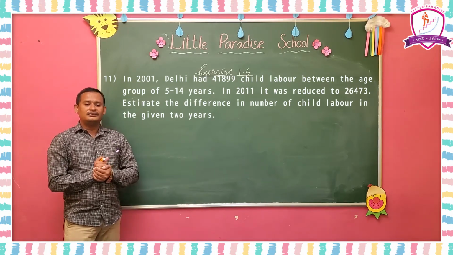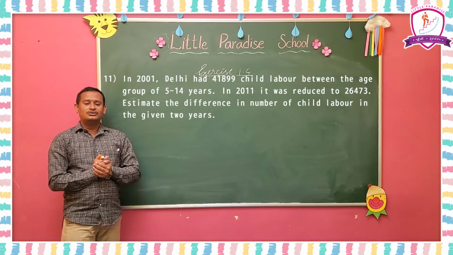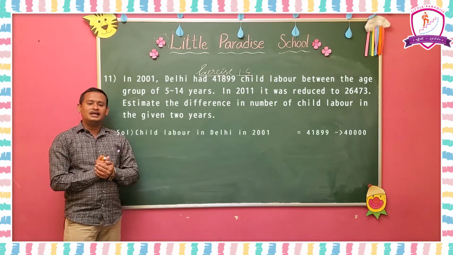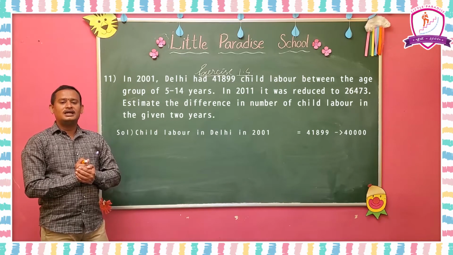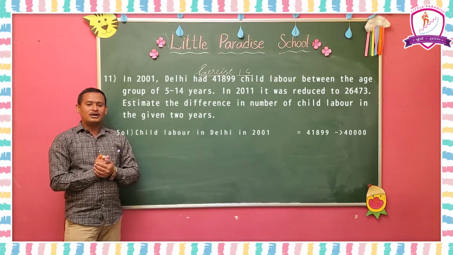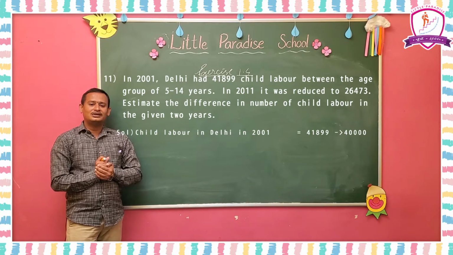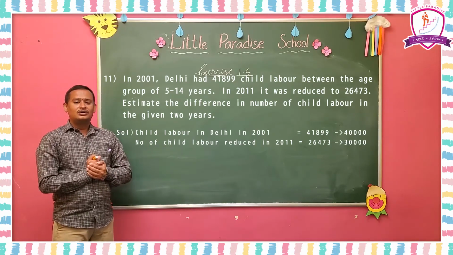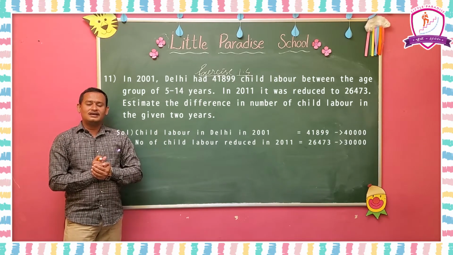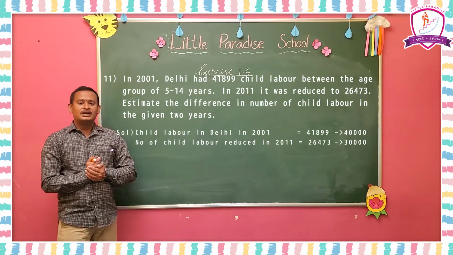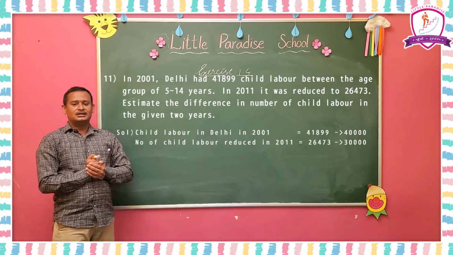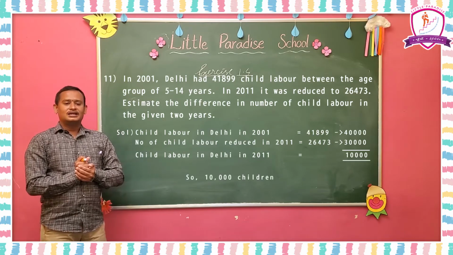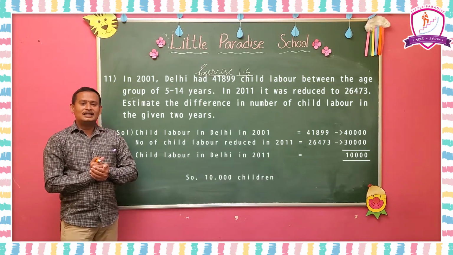First round off the two numbers to the nearest 10,000, then find the difference. 41,899 rounded to the nearest 10,000 becomes 40,000. 26,473 rounded to the nearest 10,000 becomes 30,000. The difference between 40,000 and 30,000 is 10,000.